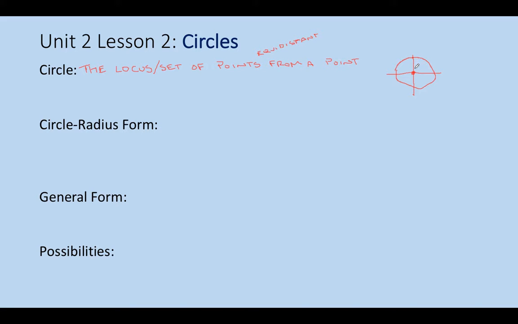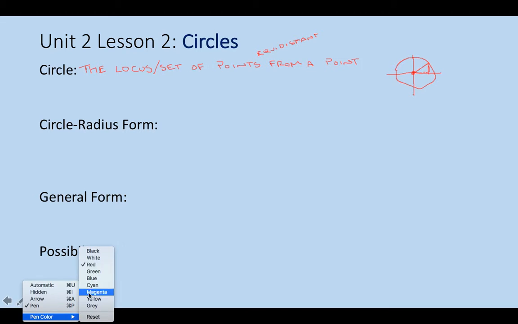Okay, and one thing that I want you to notice is that we could figure out the length from the center out to the circumference by using the Pythagorean theorem. So if I drop this down over here, maybe I should do that in a different color.